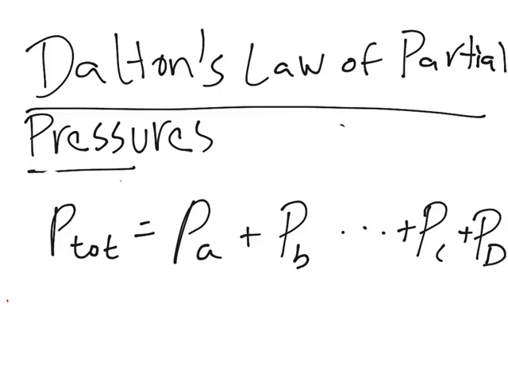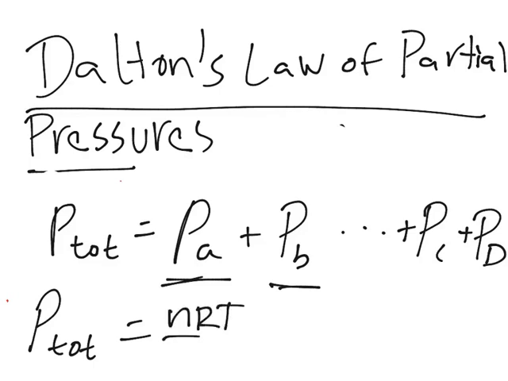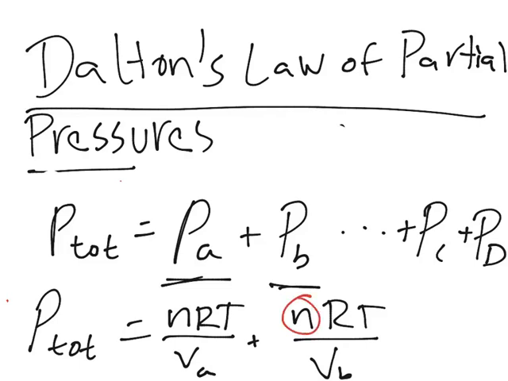And if you're not given the actual pressure of each of the gases, you can just determine it using our ideal gas law. So it would be PV equals nRT, so nRT over V for A, plus nRT over V for B. Depending on what they tell you, the number of moles may be different between each gas.